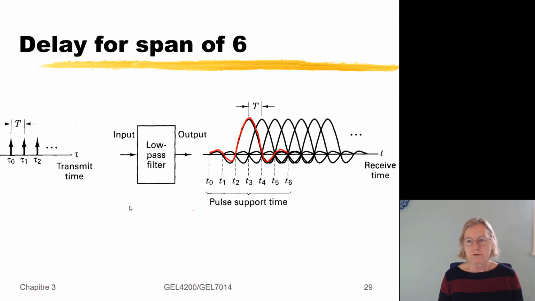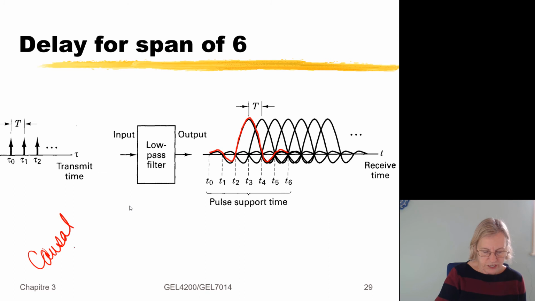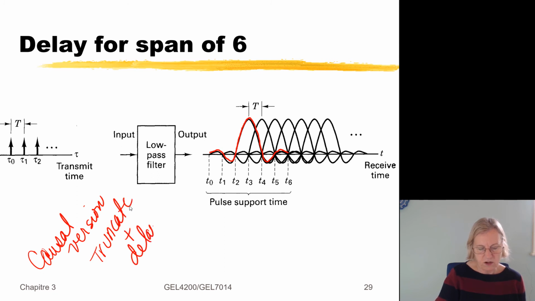So if I'm going to truncate the pulse, I have to introduce a delay as well. So whenever we're doing a causal version, what are the two things we do? We truncate and we delay. That's how you make it causal.